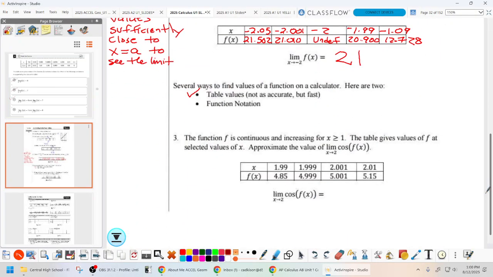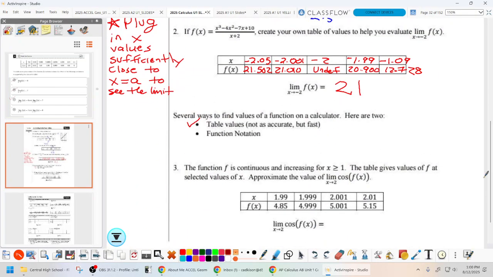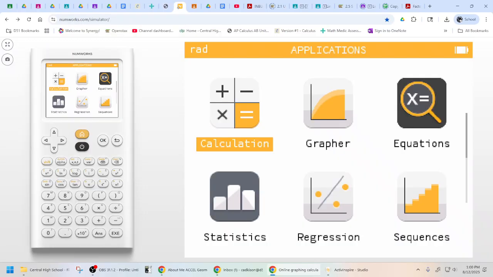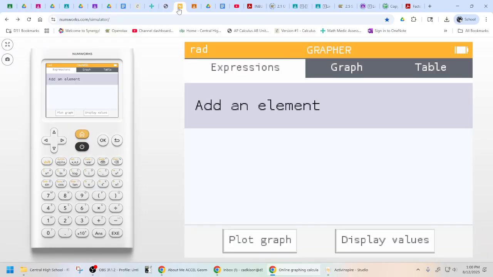So yesterday we talked about how to use that calculator to create a table, and just a quick review, those of you who have it now, you want to go to Grapher and enter your element in there, and then go over to table. You do have to still kind of scroll around to get places. It's not a touch screen.